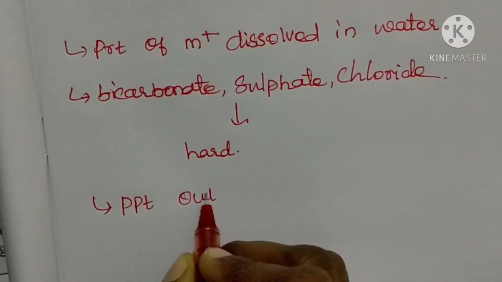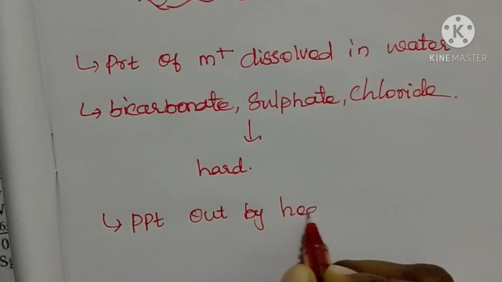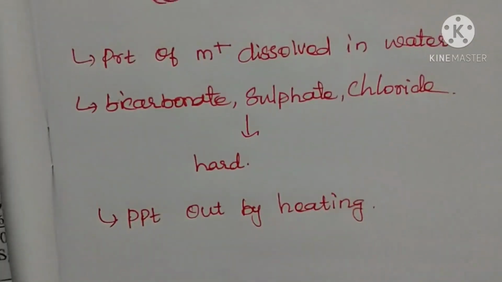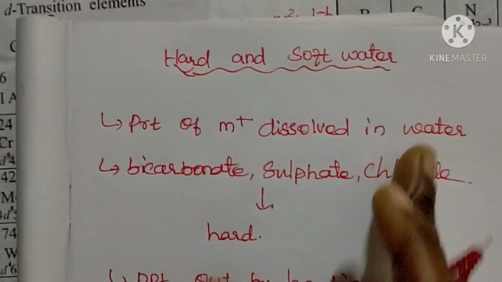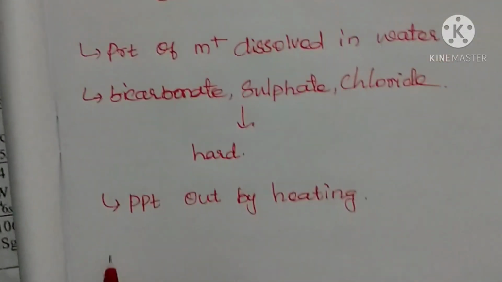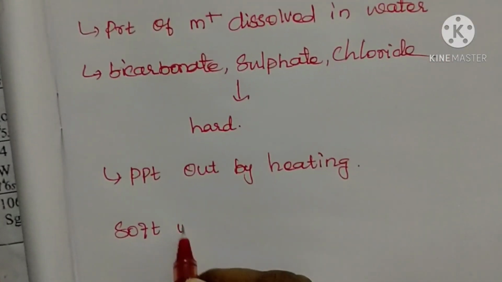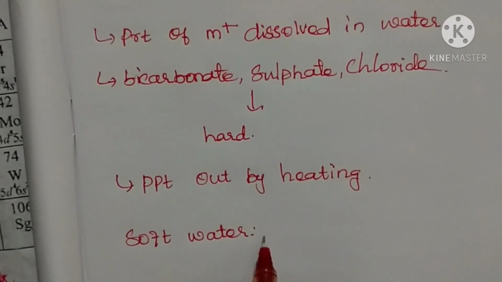They can be precipitated out by heating. This is hard water. Then next, soft water.